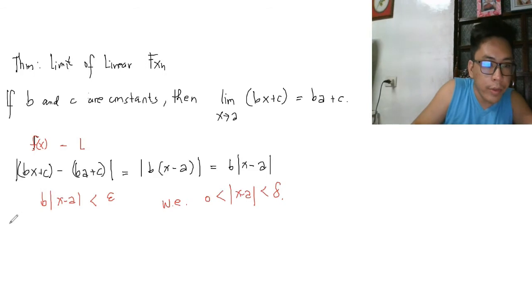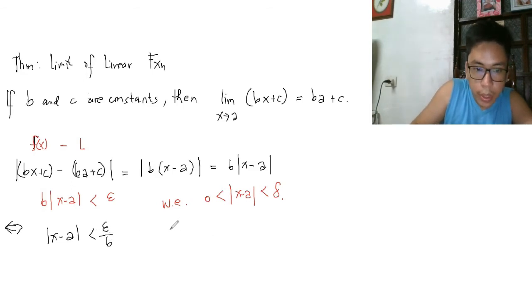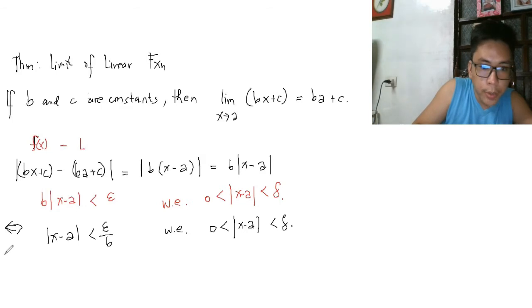This is equivalently the same as the absolute value of x minus a less than epsilon over b whenever 0 is less than the absolute value of x minus a less than delta. So what are we going to do? We have the idea here. We can choose our delta to be equal to epsilon over b.